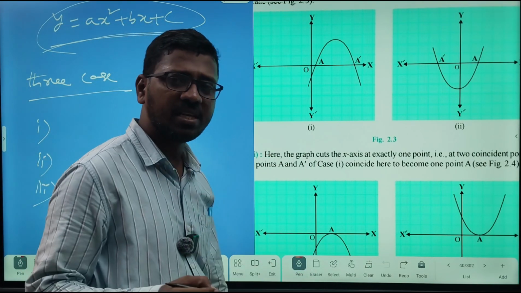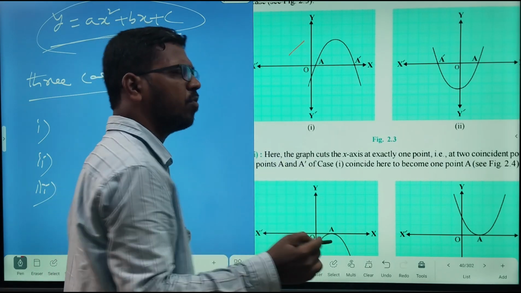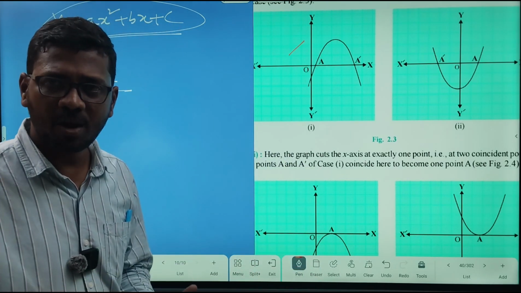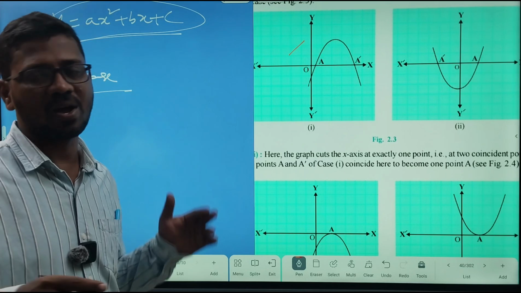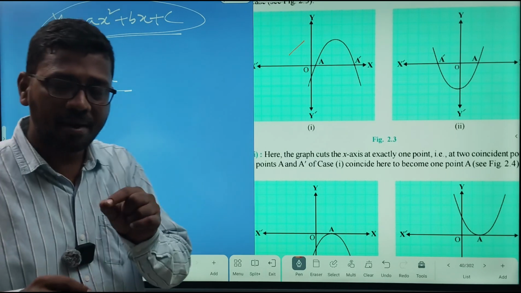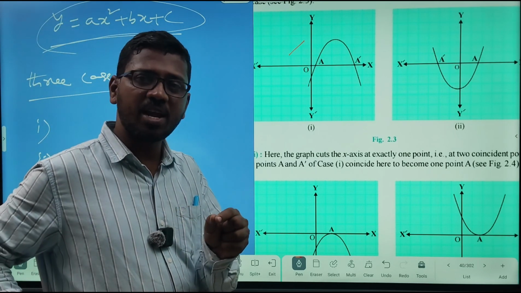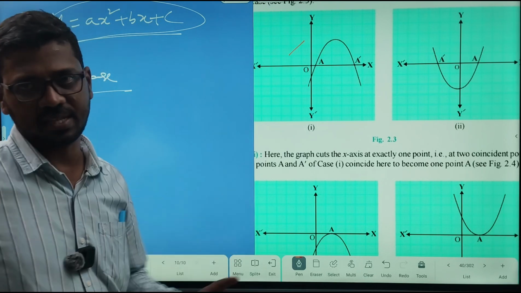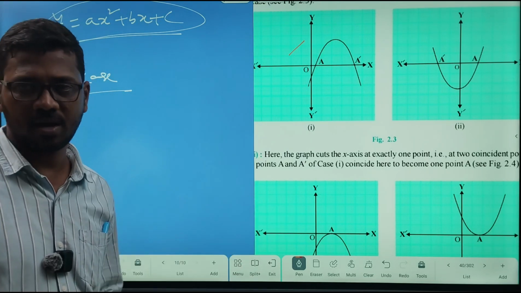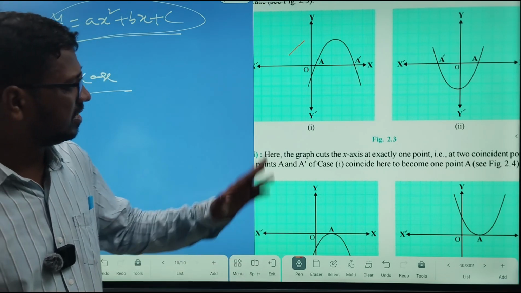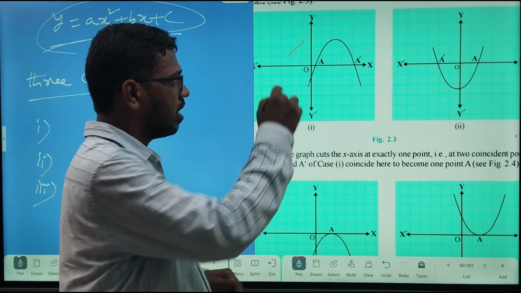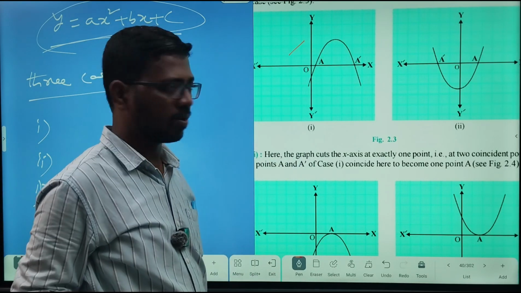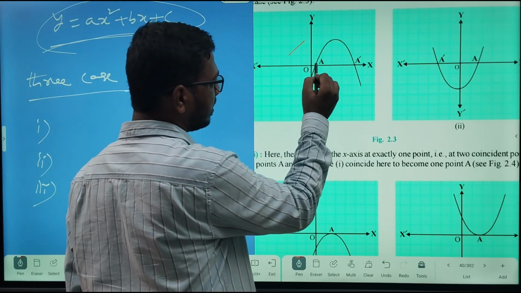At how many points does this graph, of course this is a parabola. Parabola means this is a quadratic polynomial. Only for a quadratic polynomial will you get parabola shaped curves like this if you draw geometrically. So this is a parabola shaped, reverse U shaped curve. This touches the x-axis at how many points?